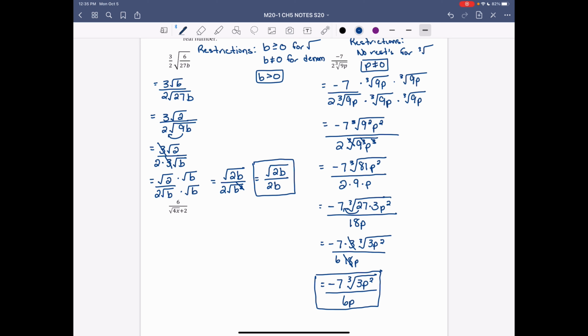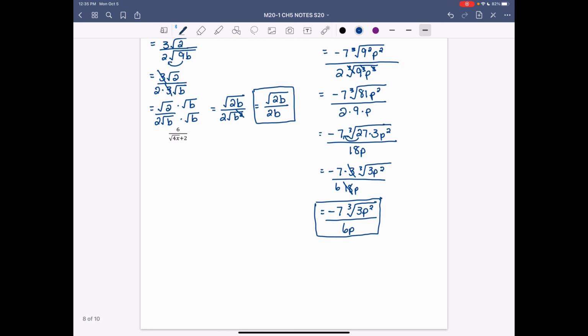Last example, 6 over the square root of 4x plus 2. Starting with restrictions. We have 4x under a square root, so 4x has to be greater than or equal to 0, which means x has to be greater than or equal to 0. We also have square root of 4x plus 2 as a denominator, so we need to know when that is going to equal 0, because that has to be a restriction that it can't equal 0.